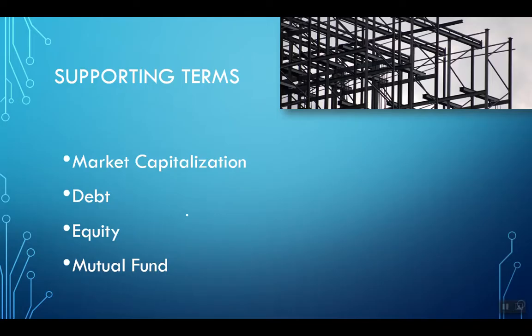So for example, I don't own a stock directly at all. Nothing. All my money is in mutual funds. So while I don't own stocks directly, I own a little part of a share of a particular mutual fund, which in turn owns individual stocks.